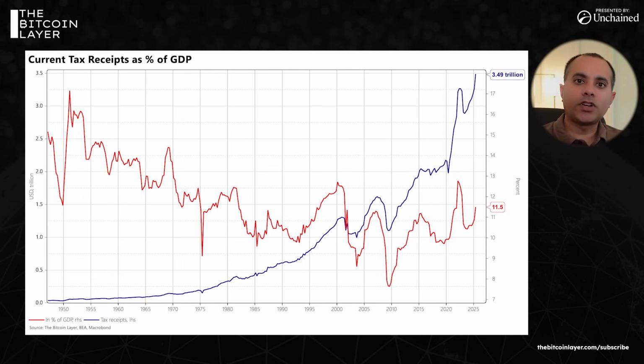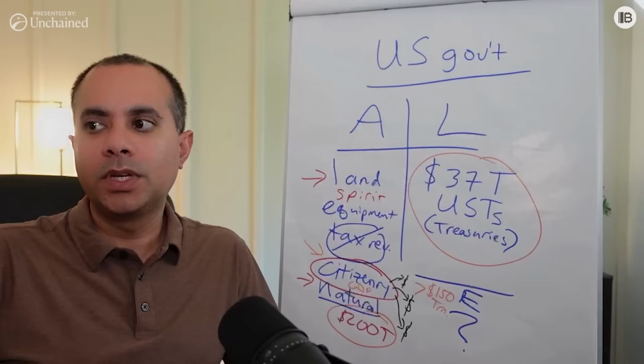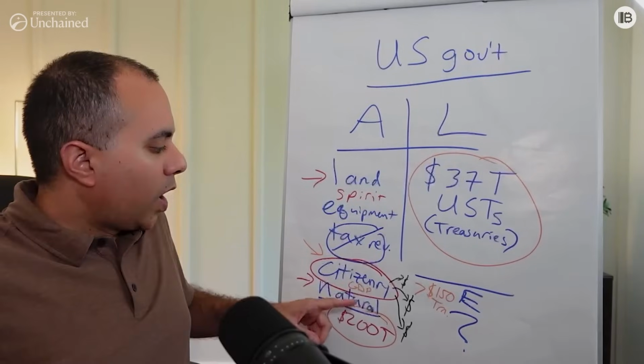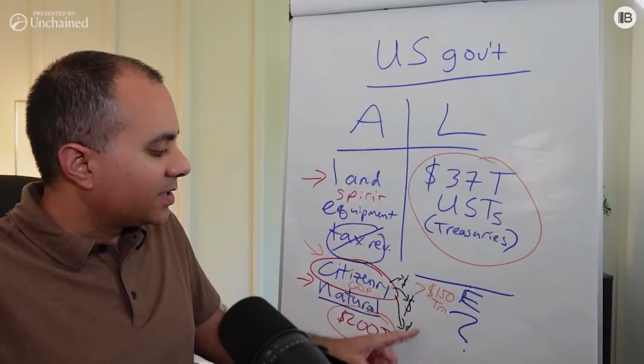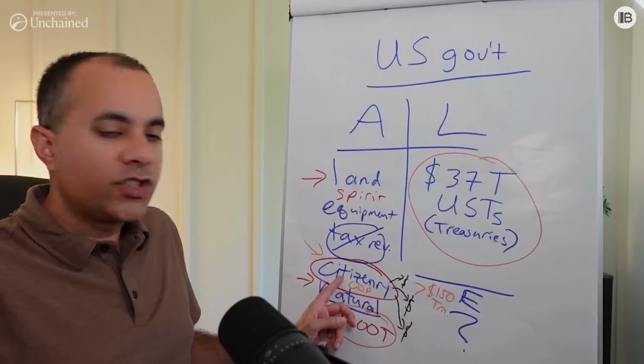This is another great chart, a follow-up to the previous chart here. Now you see that tax receipts line, which was previously in black at 3.5 trillion. Now you see that as a percentage of GDP. So what percentage is this black portion of the GDP?